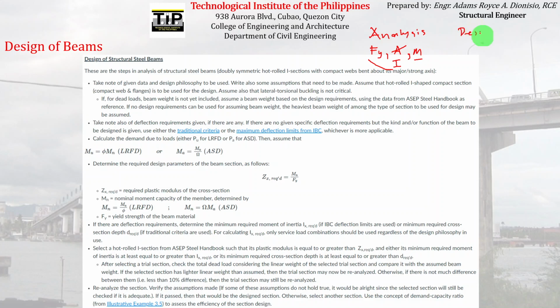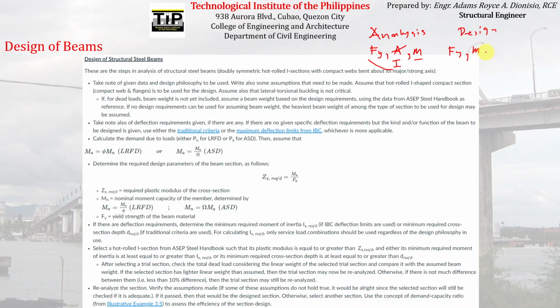For the design, the Fy is given as well. The allowable stress is given, as well as the given demand, or the moment that must be the basis of the design.